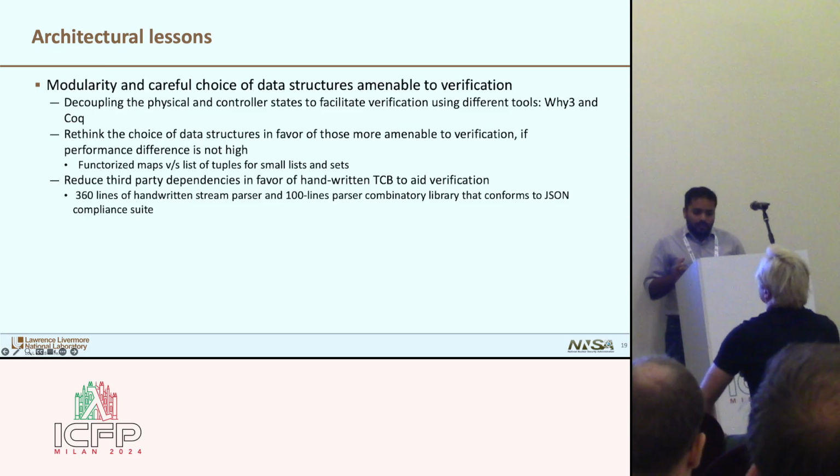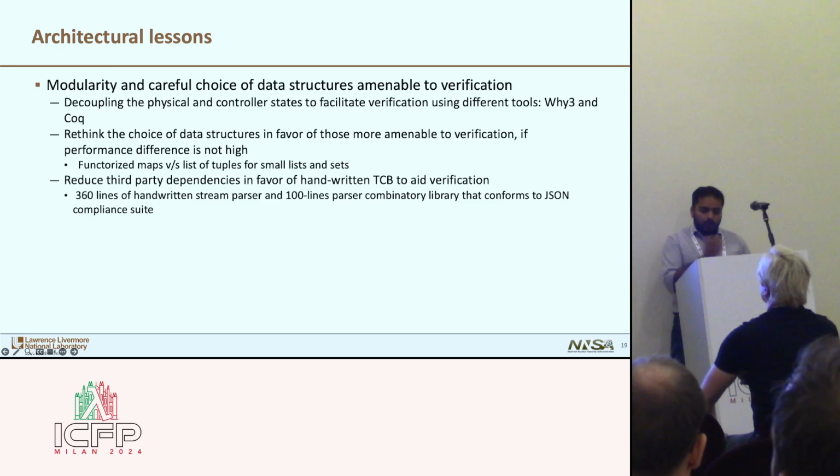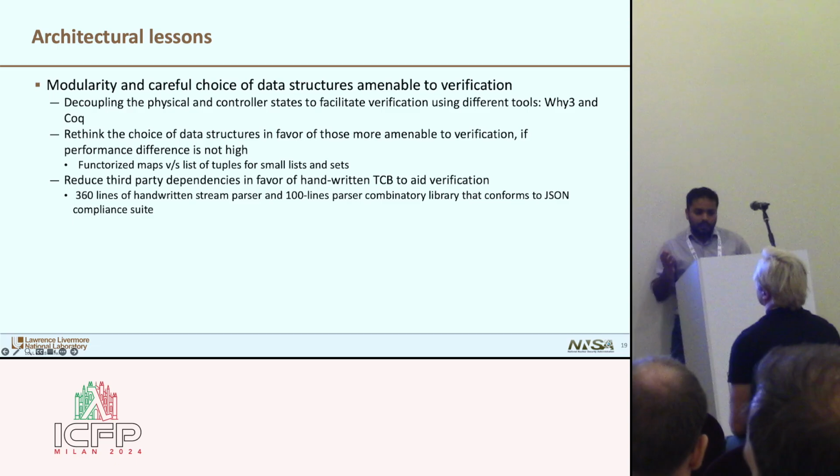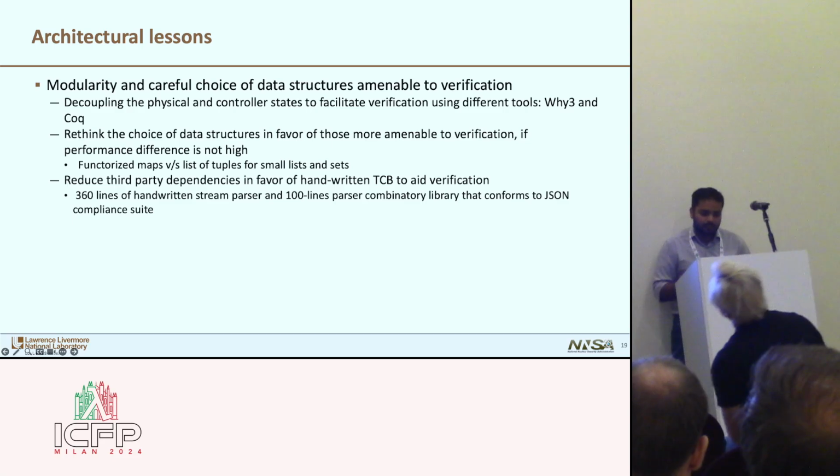Similarly, if you go beyond additive manufacturing into generic functional programming, where you face similar trade-offs, if the performance difference is not very high, then it would be nice to use data structures which are more favorable for verification.